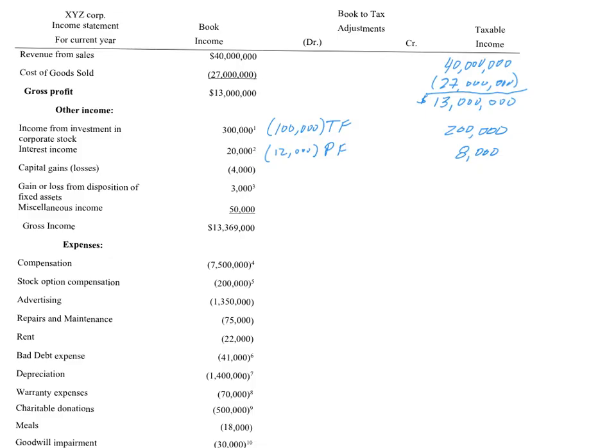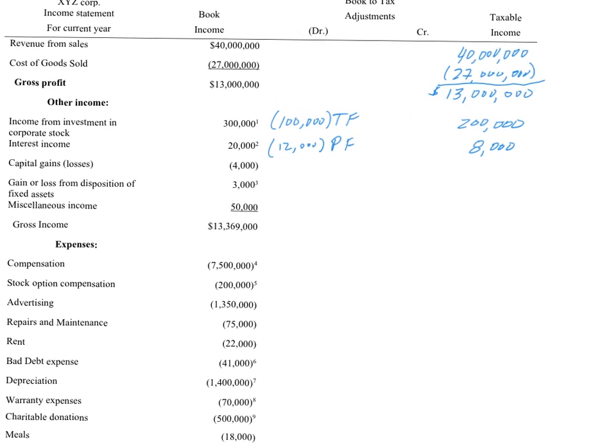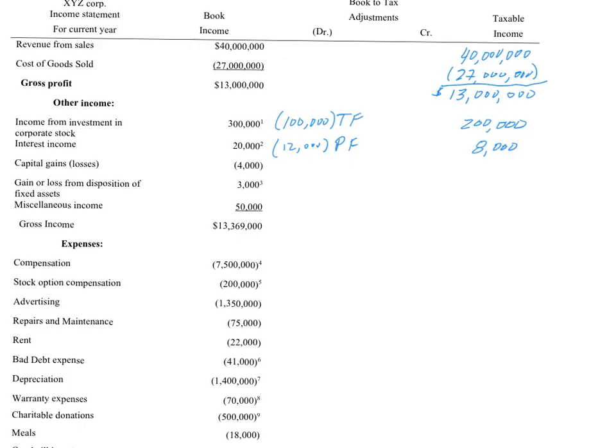So capital losses are not deductible for corporations in excess of whatever their capital gain was. So we have to remember here that capital losses can be carried back for 3 years or forward for 5 years, and it has to happen in a particular order. But for right now, in this particular instance, they don't get to recognize this capital loss.